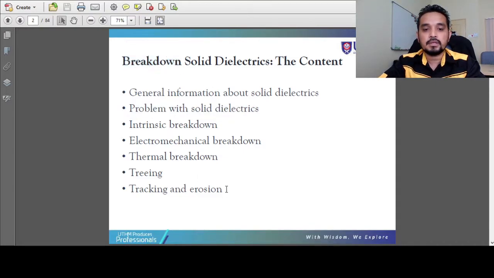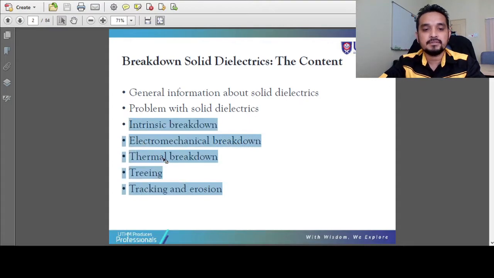And then we will look into several mechanisms that lead to the breakdown of solid dielectric, in which there are intrinsic breakdown, electromechanical breakdown, thermal breakdown, treeing and tracking and erosions.